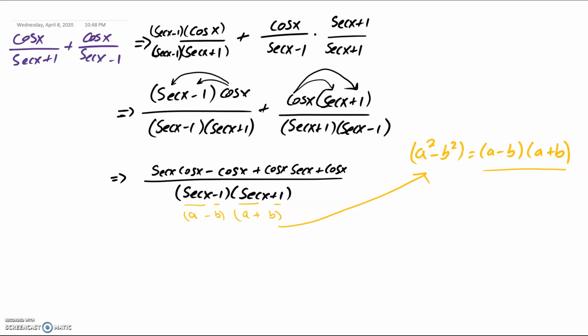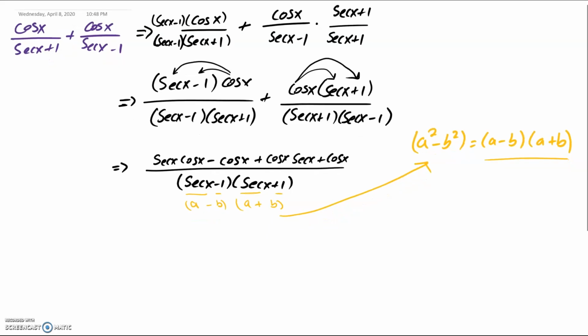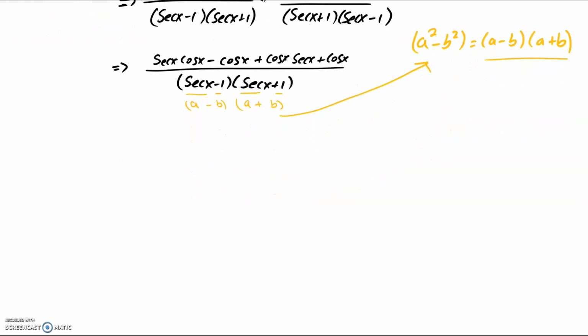So I am going to use this formula in our expression. Let's see the top part. The negative cos x and positive cos x will cancel each other, and this is going to be secant x cos x plus cos x secant x, correct?